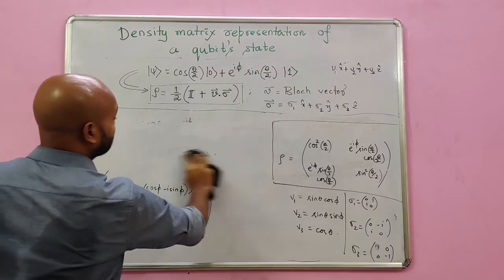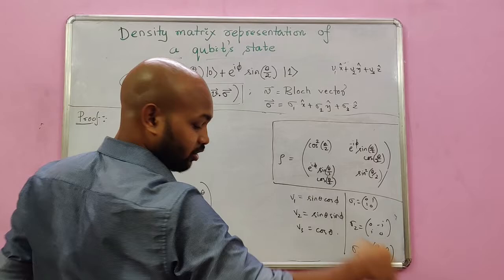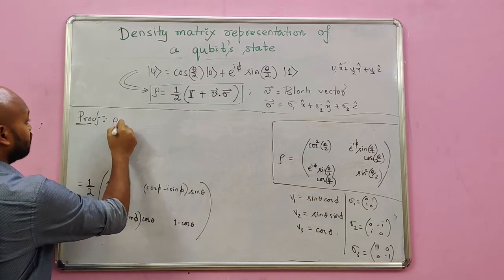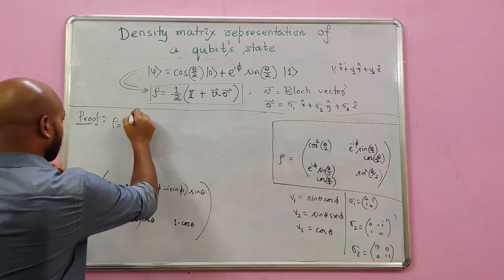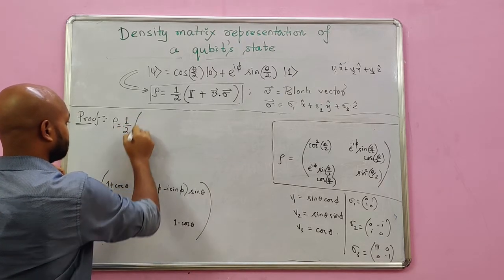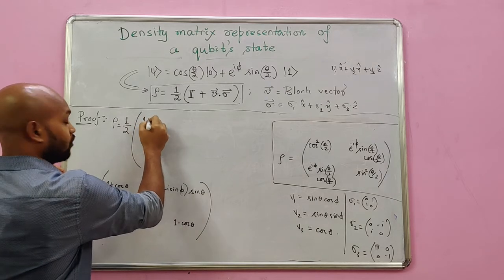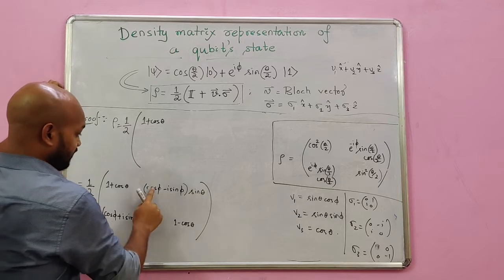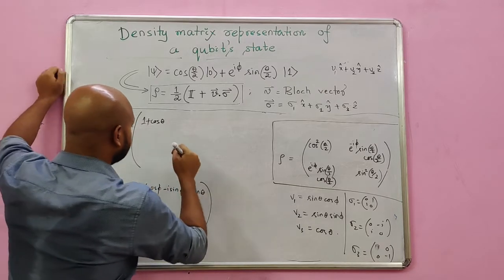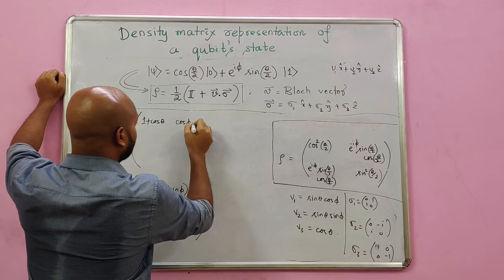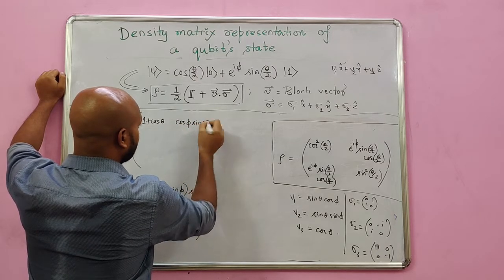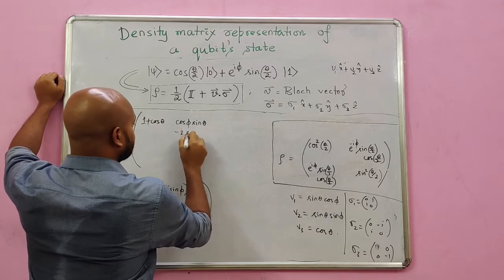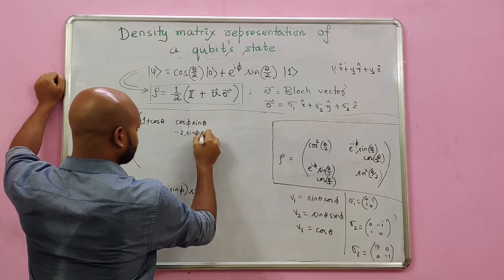Okay, I'm running out of space, so I'm not doing it in a serial order, but you could follow me. So our rho then becomes this matrix. I have a half outside, 1 plus cos theta, and here I get cos phi sin theta, cos phi sin theta minus i times sin phi sin theta.